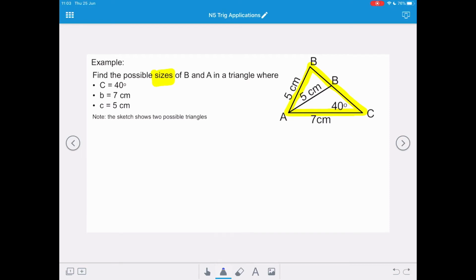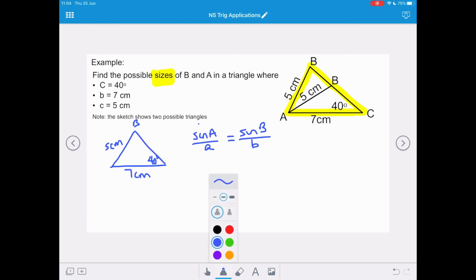we're going to sketch that separately. So our top vertex is B. The adjacent side to that is 5 centimeters, opposite B is 7 centimeters, and our bottom right vertex is 40 degrees. And our sine rule states for angles, sine of angle A over A equals sine of angle B over B. Now, if we go back to our diagram, we're going to work out our pairs of sides.